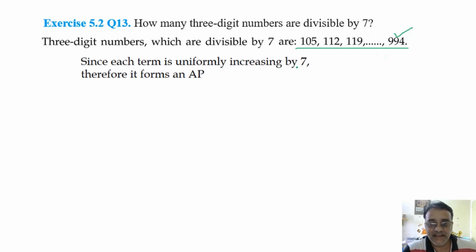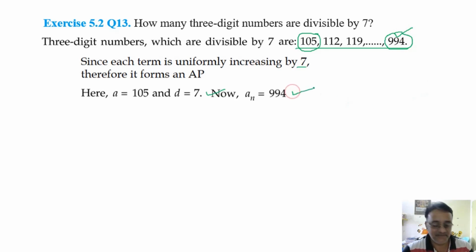Increasing by 7 means d is 7. And what is the first term? 105. So a is equal to 105 and d is equal to 7. Now we will take this 994 as the nth term, an. And what is the formula of an? a plus (n minus 1) into d.